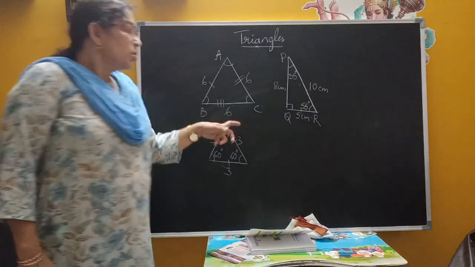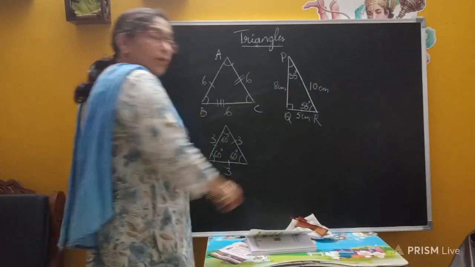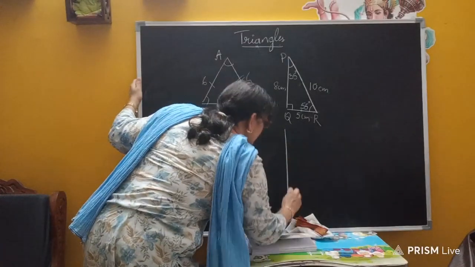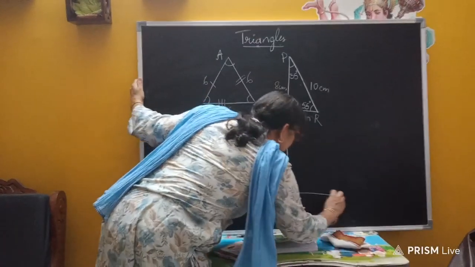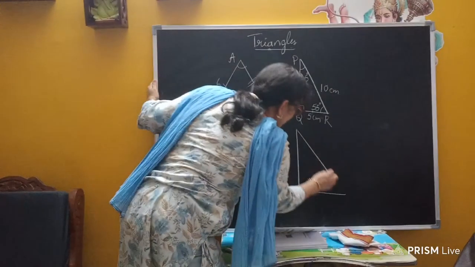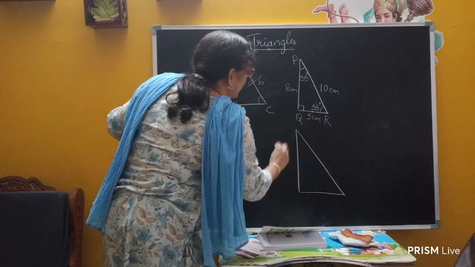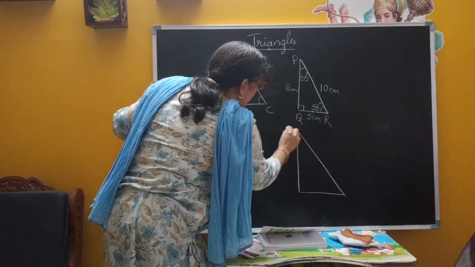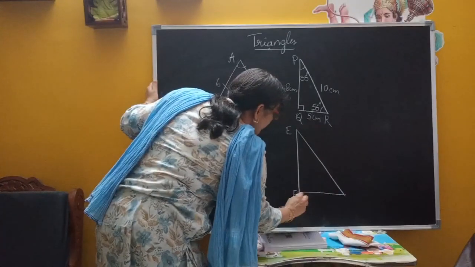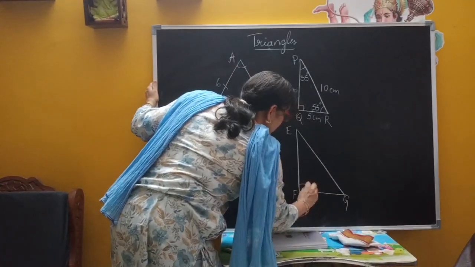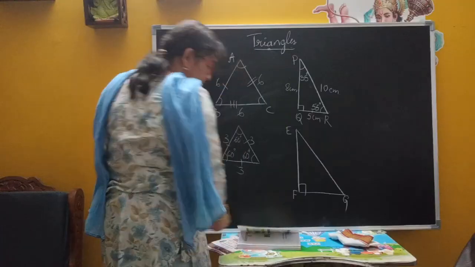Okay. So now let me have one more right angle triangle, a little bigger than that. Let me take this as EFG, a right angle triangle.